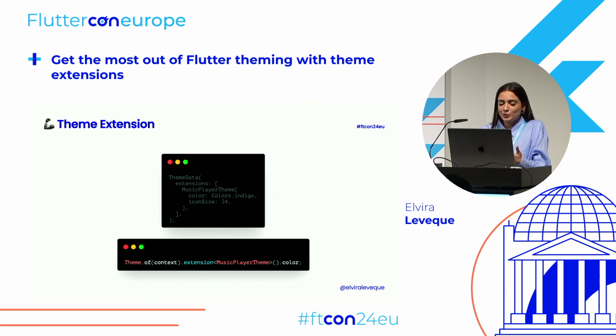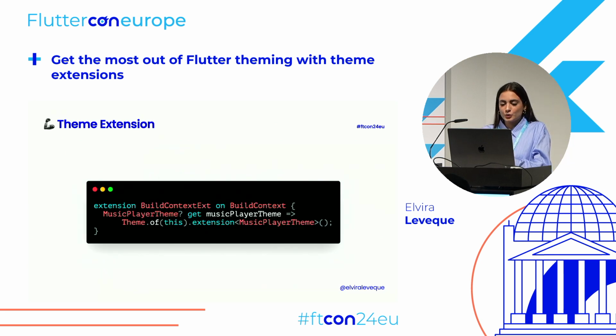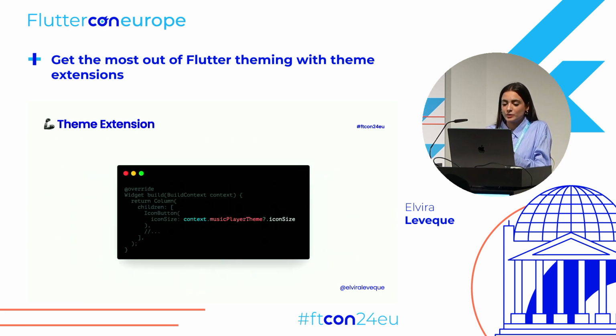Personally, I really don't want to deal with such a long line of code every time that I want to recall a style. So for that, I want to give you one last small tip. What you can do to improve this is to create an extension on the build context and have a getter in there for your theme. And so next time you can access it in a much shorter way.